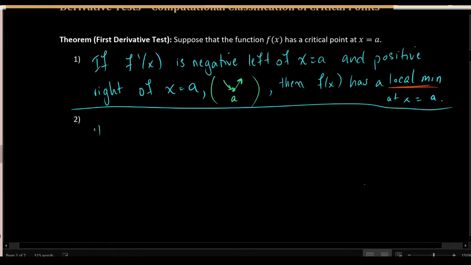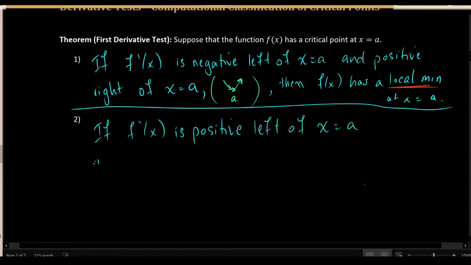Conversely, suppose that you take the derivative of your function and you find that the derivative is positive slightly to the left of a and negative afterward, negative to the right.